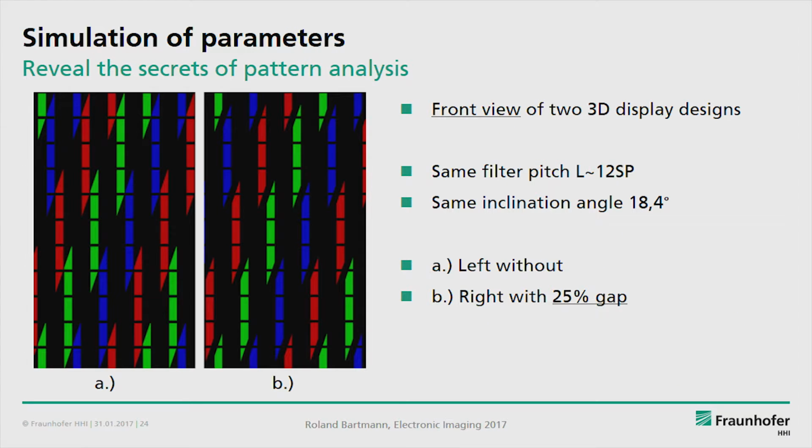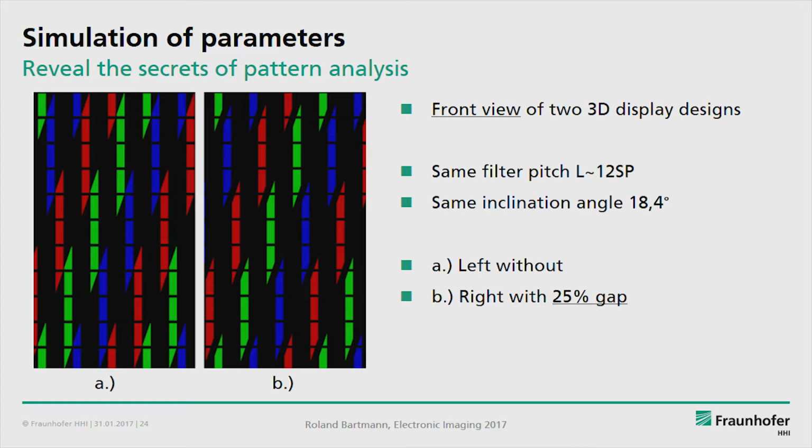And this is here an example of the simulation results we've got. On the left side, you can see the frontal view of the colored image splitter plane, and it's like in the short animation.